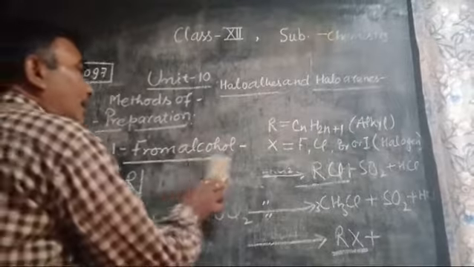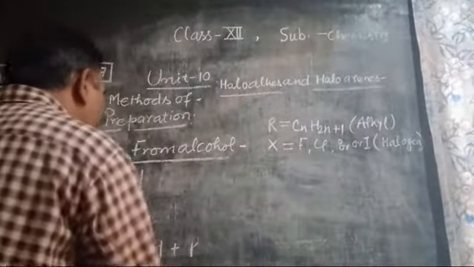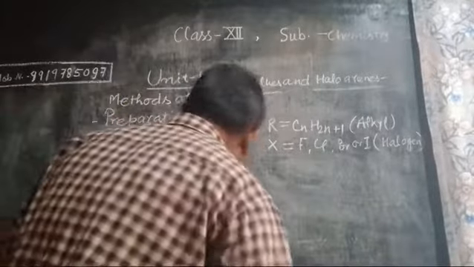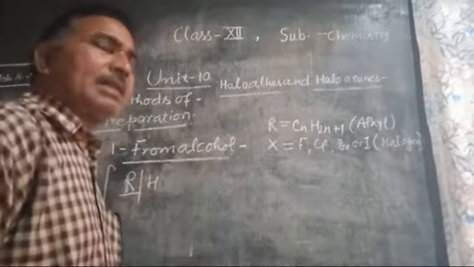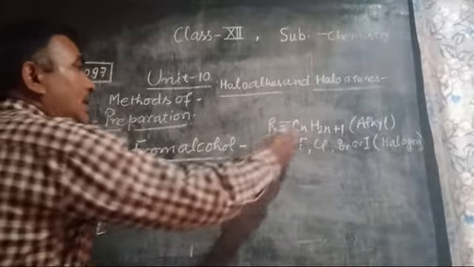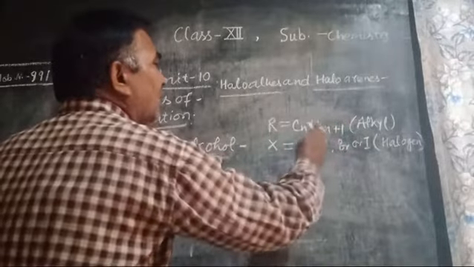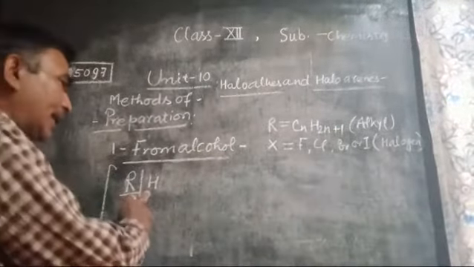All of you know well. RH represents any alkane, such as CnH2n+1 plus 1, which is equal to CnH2n+2, that is alkane.